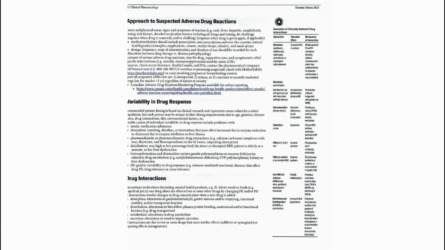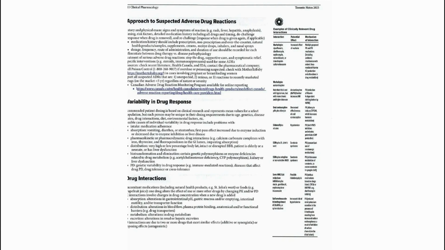Resources for ADR evaluation. The page also emphasizes the importance of consulting reliable resources. These include recent medical literature, Health Canada, the US FDA, pharmaceutical manufacturers, poison control centers, and MotherToBaby when evaluating medication safety during pregnancy or breastfeeding.